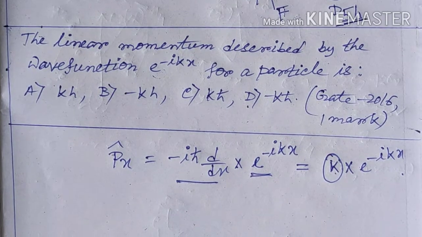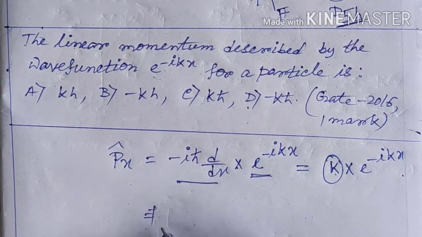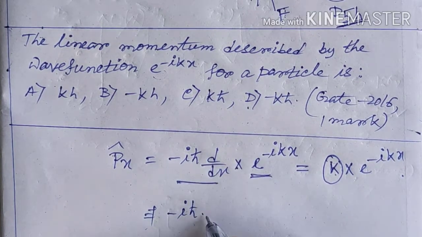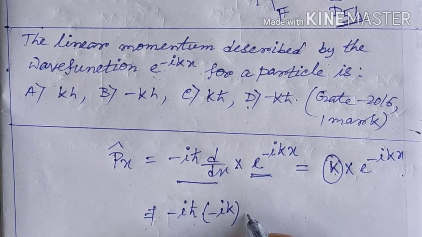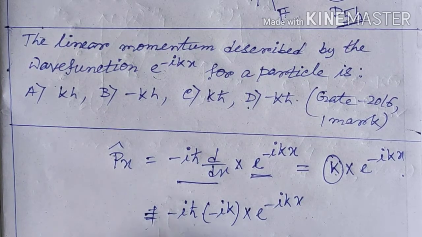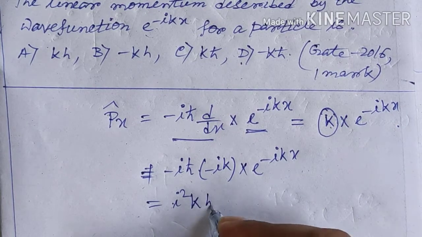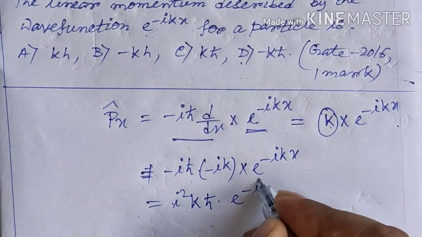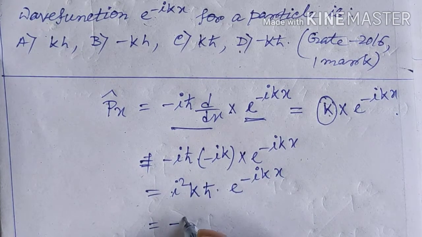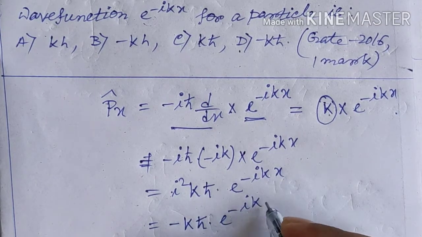Is it clear? Now, if we operate this operator on this eigenfunction, the result will be, if we differentiate this term, it will be minus ik into e to the minus ikx. It will be i square k h cut e to the power minus ikx. If we put the value of i square, it is minus 1, that is minus k h cut e to the power minus ikx.